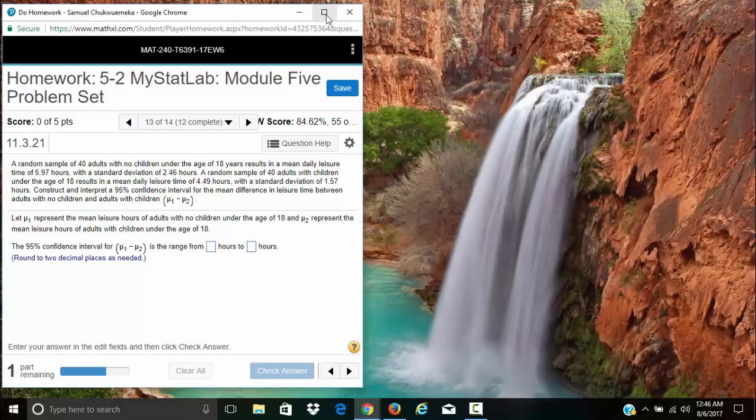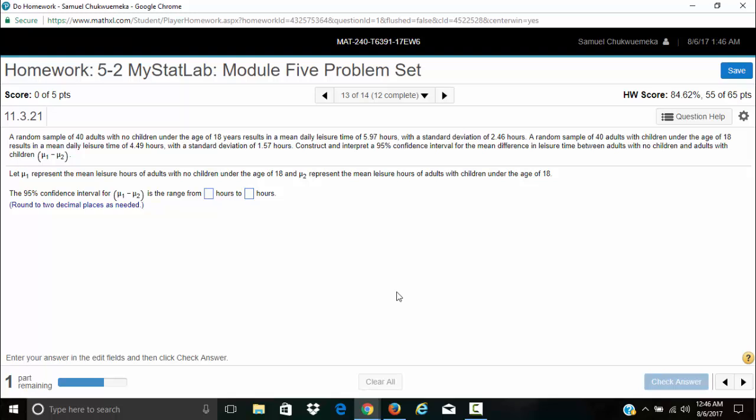Okay, almost getting there. Question 13. A random sample of 40 adults with no children under the age of 18 years results in a mean daily leisure time of 5.97 hours with a standard deviation of 2.46 hours.